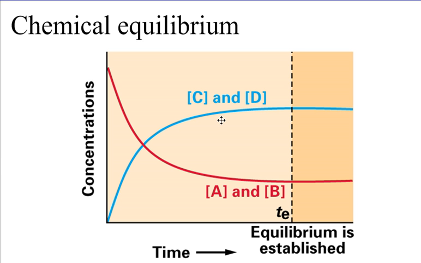The point at which each line has flatlined is the time it takes to reach equilibrium. And this can be signified with a T, a TE, or TEQ. Either one means the same thing. It's the time it takes for the system to reach equilibrium.